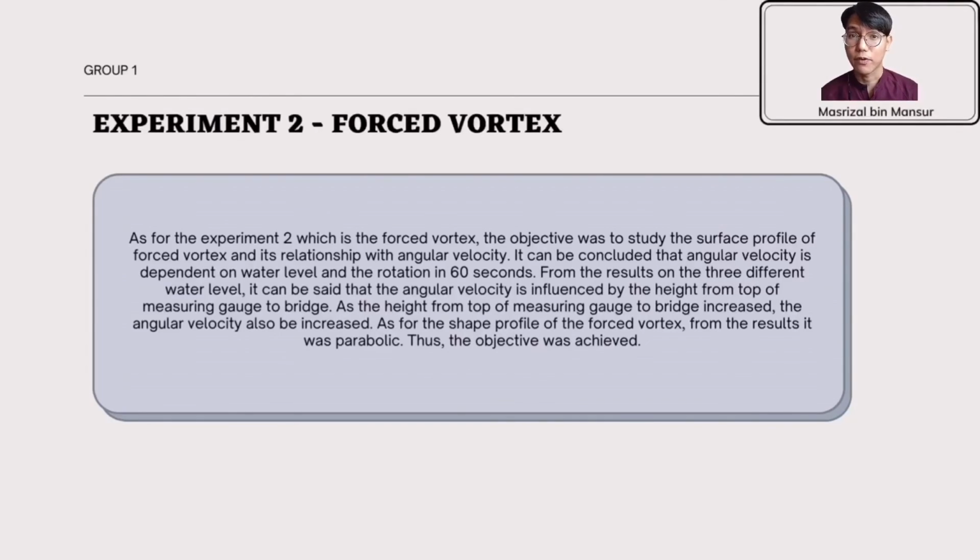As the height from the top of the measuring gauge to the bridge increases, the angular velocity also increases. As for the shape profile of the forced vortex, from the results it was known to be parabolic. Thus, the objective of experiment 2 is achieved.